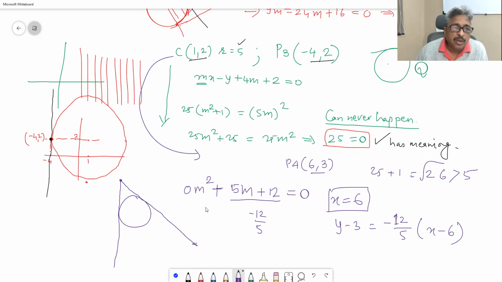That means you don't have real tangents. You really cannot draw a tangent to a circle from a point inside. That is what we learned in geometry. But algebra is saying that if you are expecting me to give you a slope, I cannot, because the point is inside and I cannot draw a tangent from the interior of the circle.